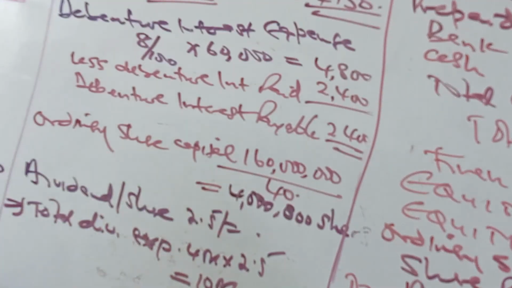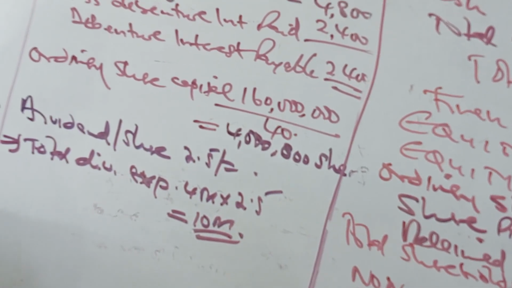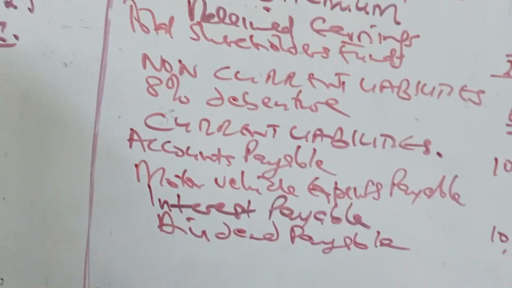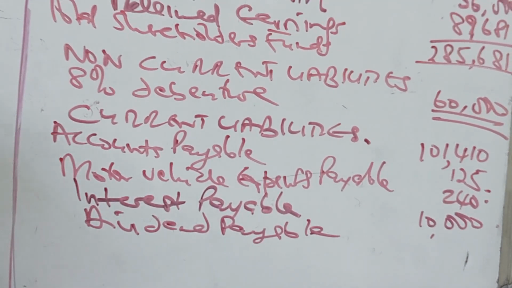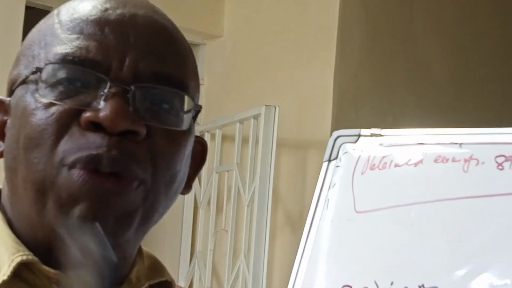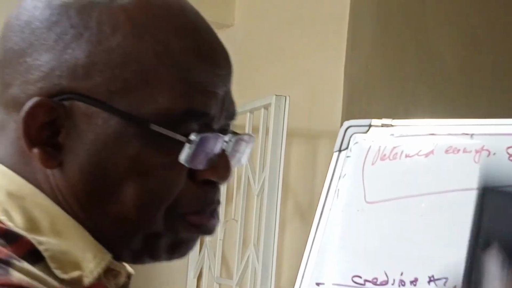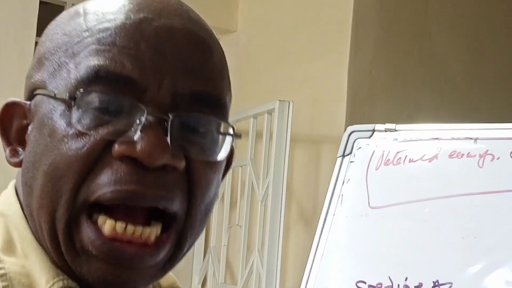So we ask ourselves, what about tax? How did we deal with the tax? Additional information number 8 tells us provision is to be made. Anytime we talk about provision, we mean it has not been paid, and therefore it's an expense in the income statement and a current liability.